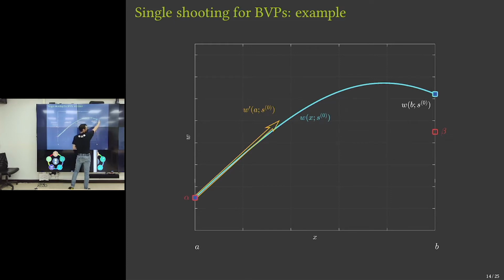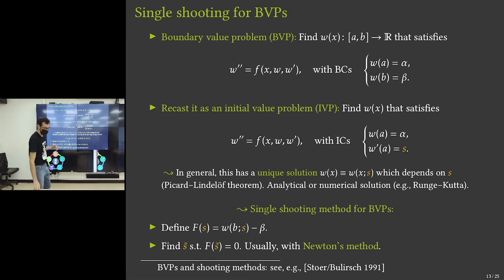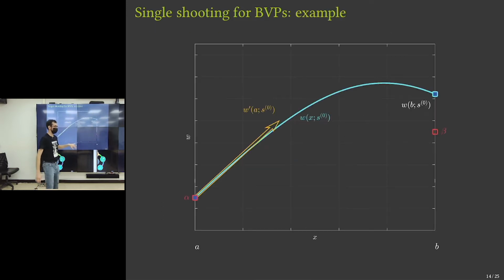So there is this mismatch. This quantity is exactly the mismatch we define here as this difference. What we want is for this mismatch to go to 0. Based on this mismatch, you construct your iteration, and you want to reduce it.